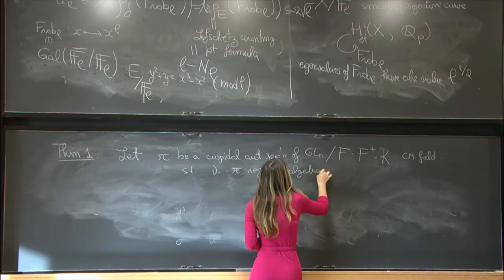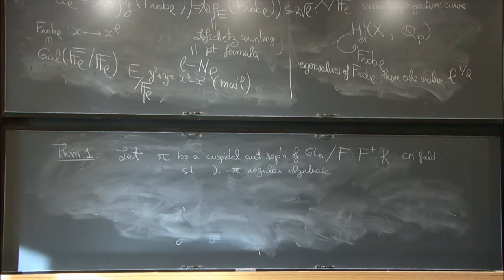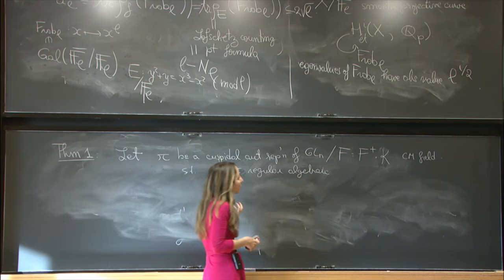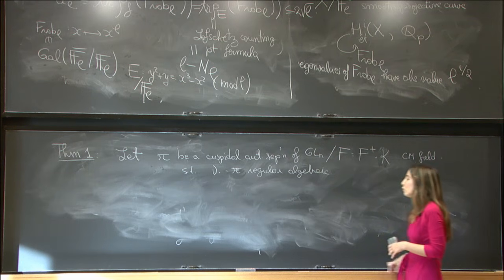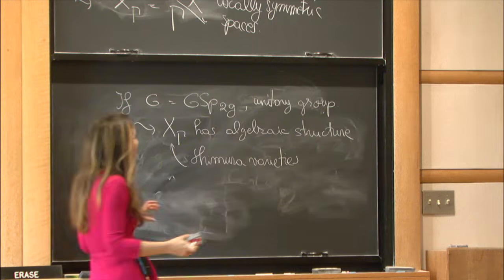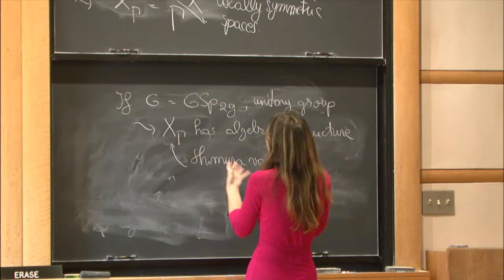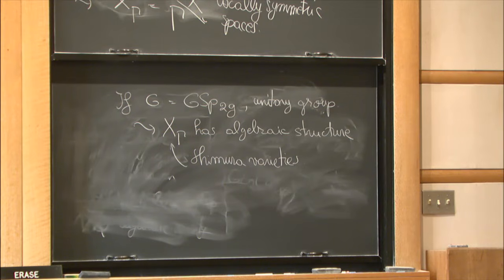What this condition means, roughly, is this: the way that we thought of f as giving rise to a holomorphic differential on the modular curve, and therefore we saw that it contributed to the p-adic cohomology of the modular curves, you can ask for something that will contribute to the cohomology of the corresponding locally symmetric space, and that's what this technical condition of being regular algebraic will achieve. So you will see it in the cohomology of the relevant locally symmetric space.